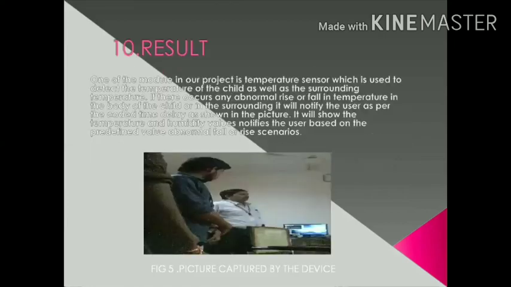So the result: one of the modules in our project is a temperature sensor, which is used to detect the temperature of the child as well as the surrounding temperature. If there is any occurrence of an abnormal rise or fall in temperature in the body of the child or in the surrounding, it will notify the user as per the coded time delay, as shown in the picture.